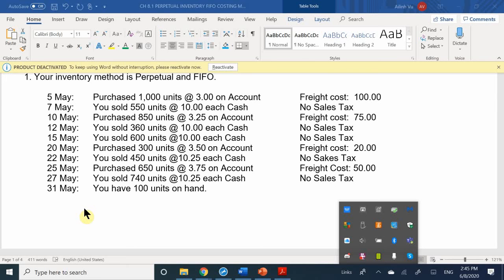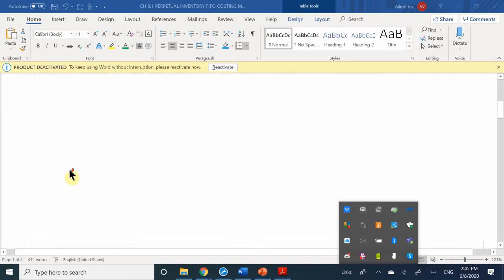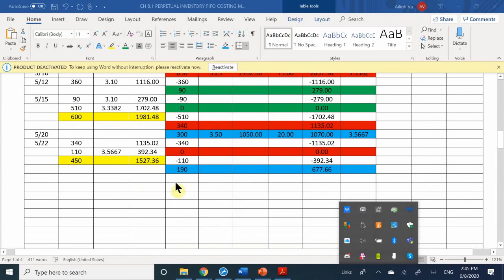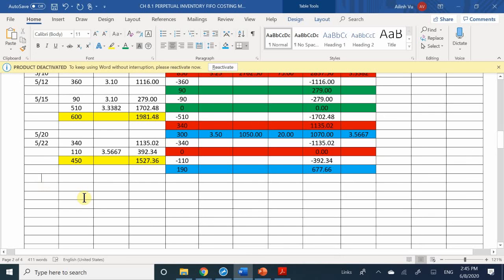Interesting, that's for sure. All right, so we got two more transactions apparently from here, because the last one is just giving us an ending balance. So on May 25th, what happened? It was a purchase. You purchased 650 more units for $375, and we had $50 freight. So here I'm going to find my blue, make sure I don't run my line through it, and it's going to be for 525.